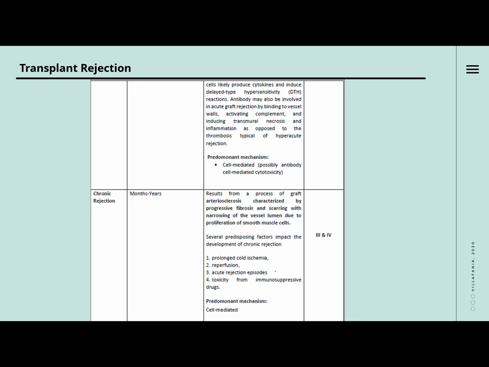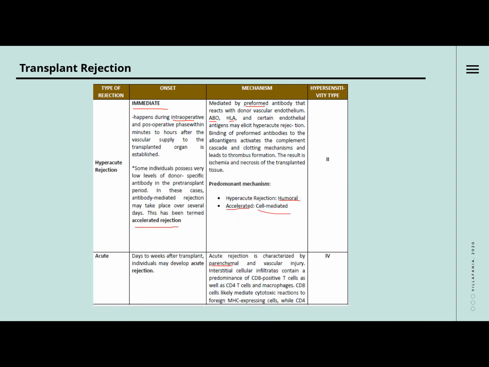Antibody may also be involved in acute graft rejection by binding to vessel wall, activating complement, and inducing transmural necrosis and inflammation as opposed to the thrombosis type of hyperacute rejection. Predominant mechanism is cell-mediated, possibly antibody cell-mediated type cytotoxicity.